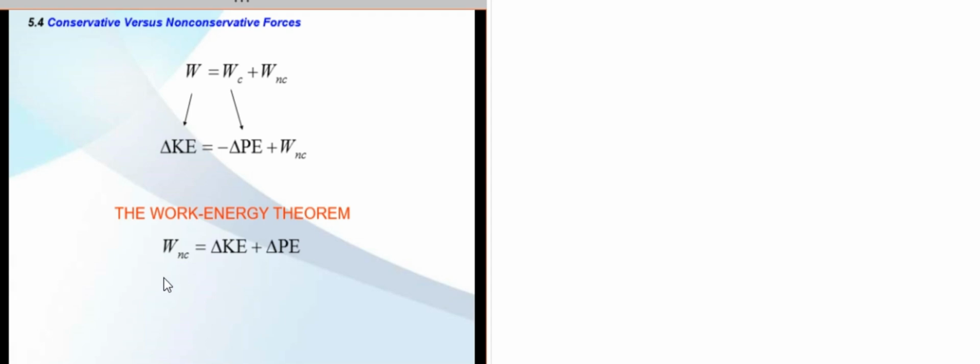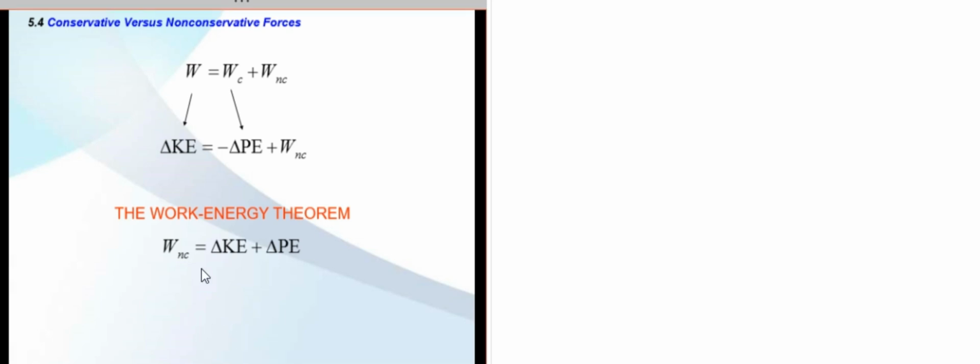the work done by the non-conservative force is just equal to the summation of the change in kinetic energy plus the change in potential energy. So it is just the sum of the changes of the kinetic energy and potential energy of the system.